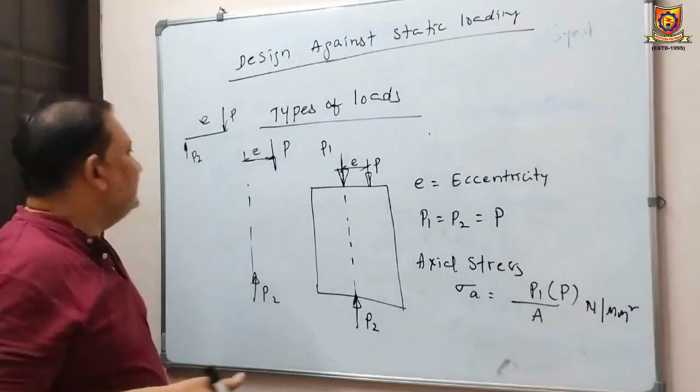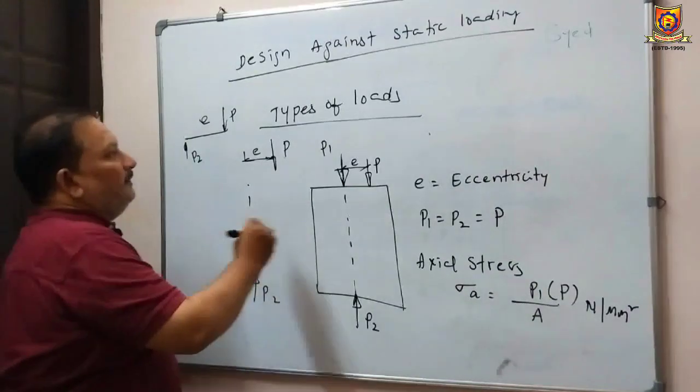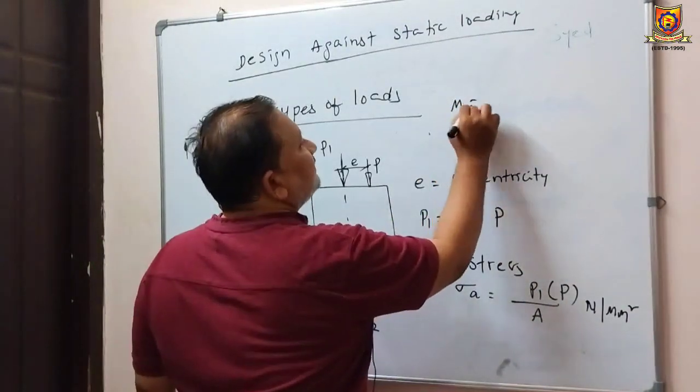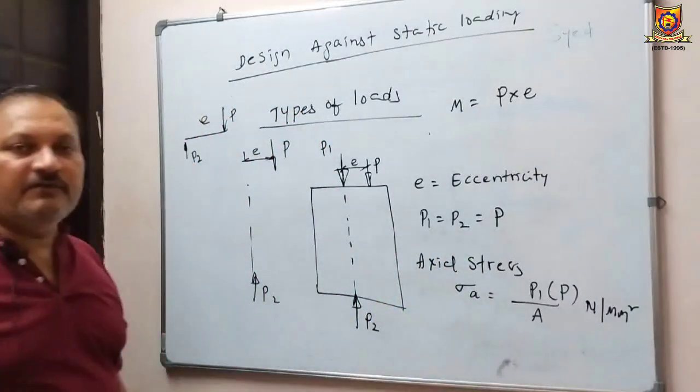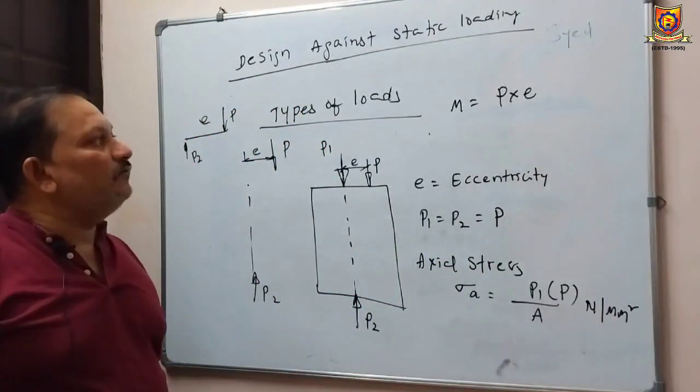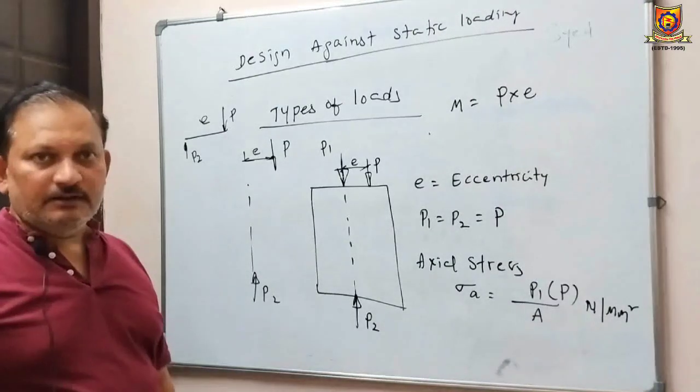The moment of a couple is given by P into E, the product of force multiplied by eccentricity.